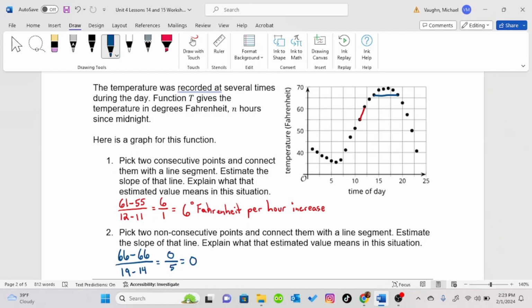In this situation, it means the temperature was the same at 1400, which is 2 p.m., as it was at 1900, which is 7 p.m.